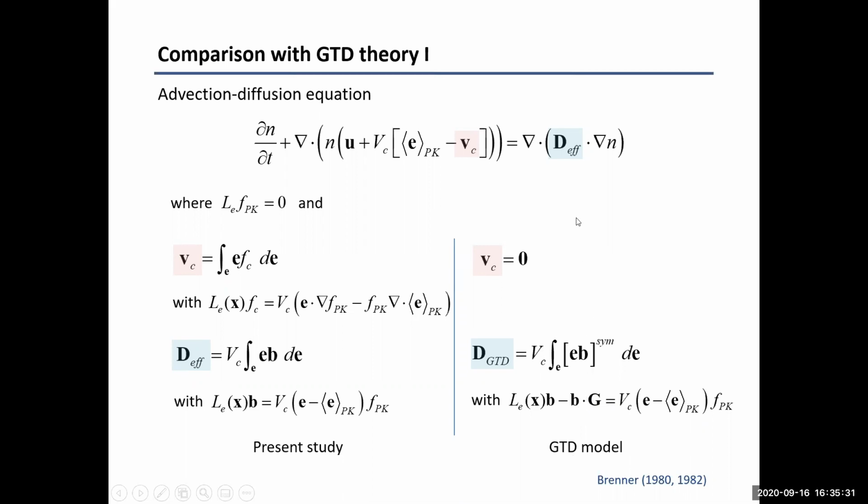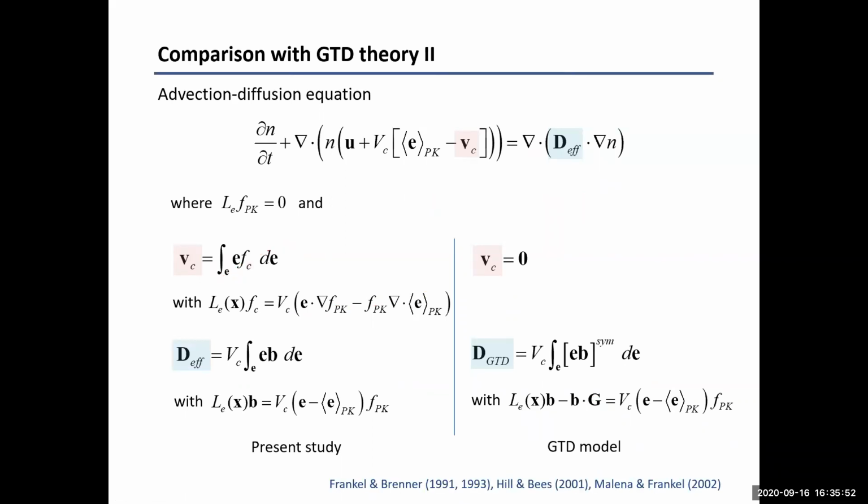So what you can see here is that if we first consider there is no flow, then all those things go away and those two models become identical. These two are identical in the absence of any flow.